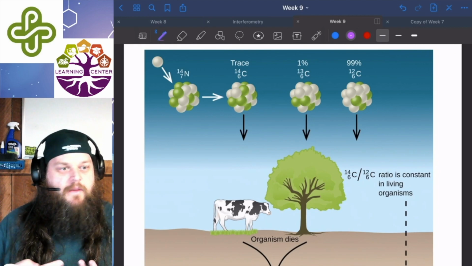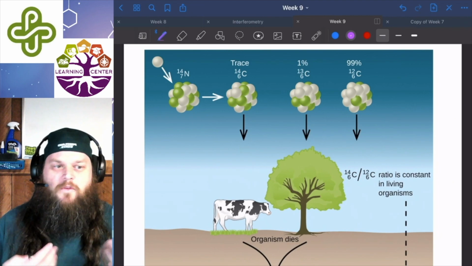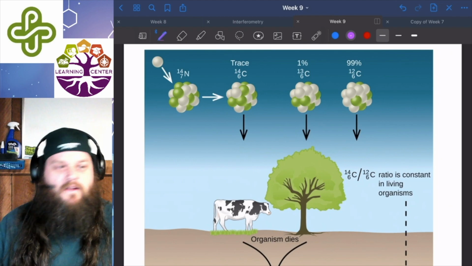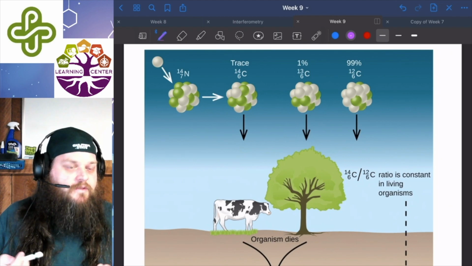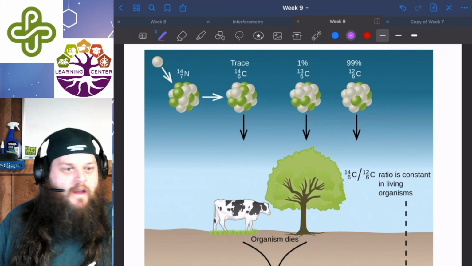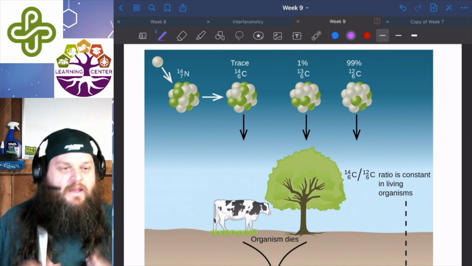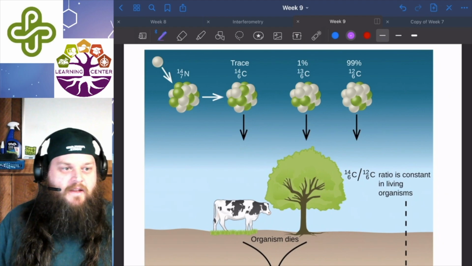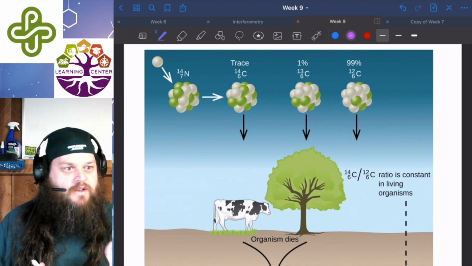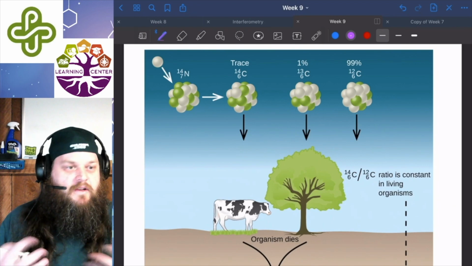We don't really absorb that CO2, but the plants do. And the plants grow their cellular structure based off of this carbon-14, carbon-12 ratio. Then animals eat the plants, and we eat the plants, and we eat the animals that ate the plants. So now part of us is also composed of this same ratio, until eventually everything dies.